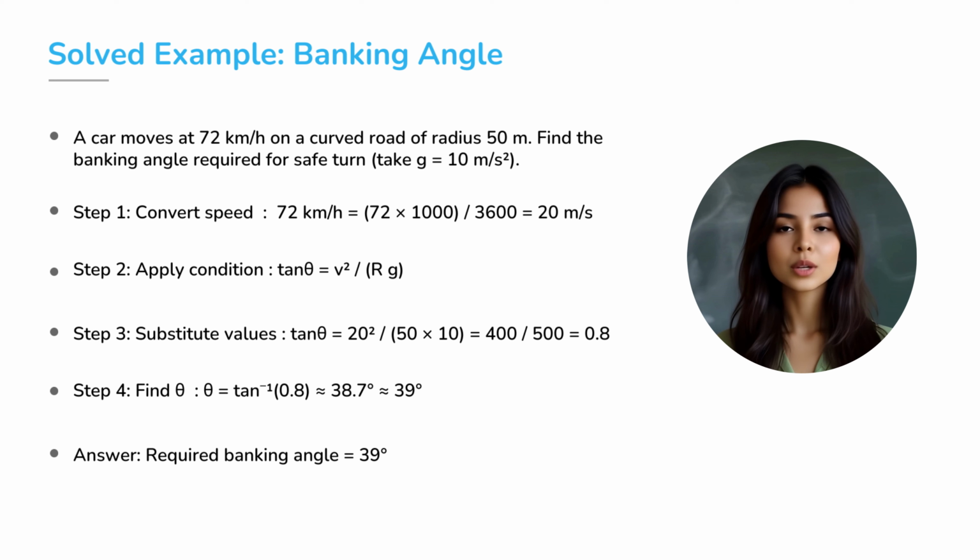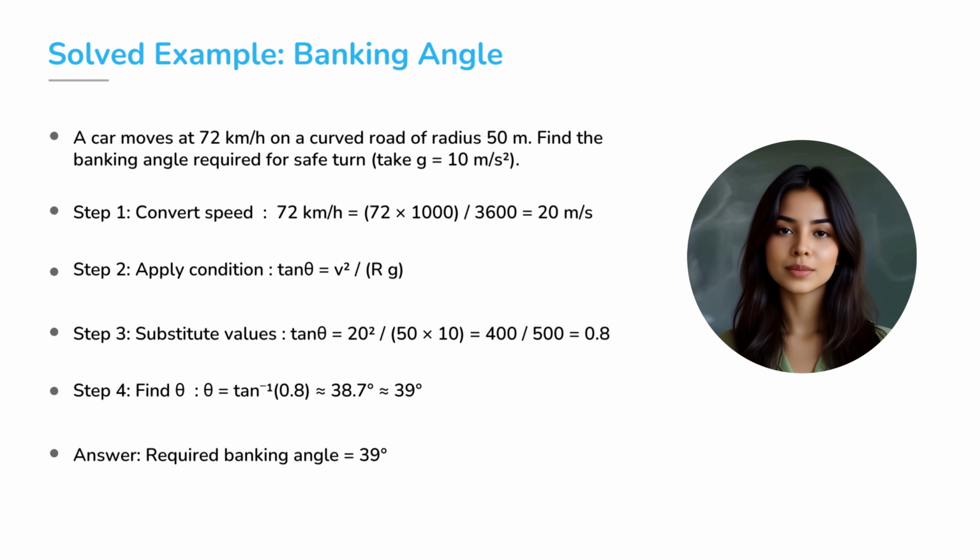Let's solve a real problem together. A car moves at 72 km per hour on a curved road of radius 50 meters. What is the required banking angle? Step 1. Convert speed. 72 km per hour equals 20 meters per second. Step 2. Apply the formula. Tan theta equals v squared divided by rg. Step 3.